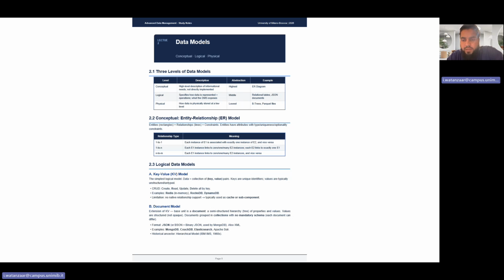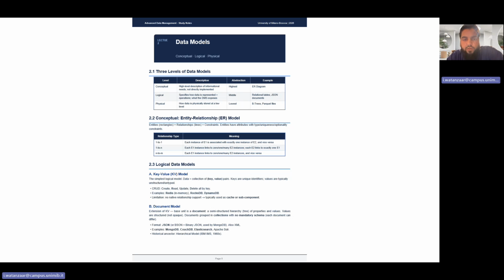Examples of databases using the document model are MongoDB, CouchDB, Elasticsearch, and Apache Solr.